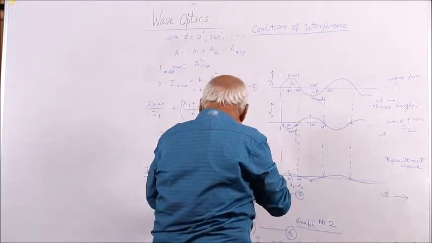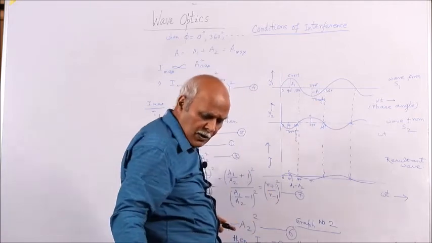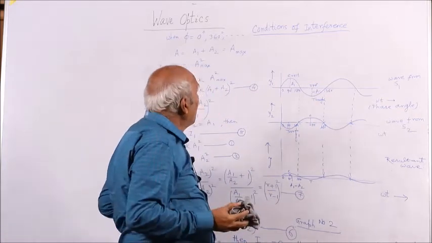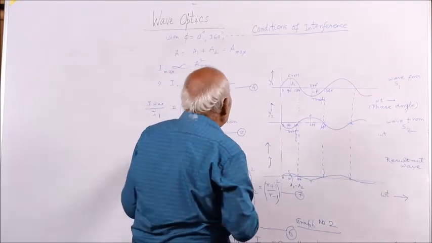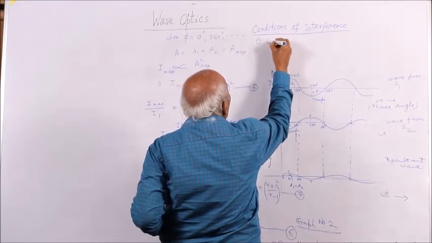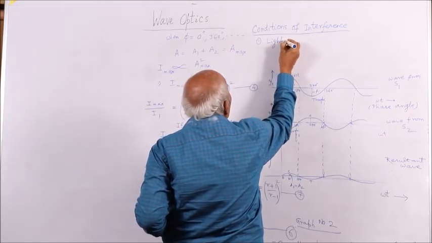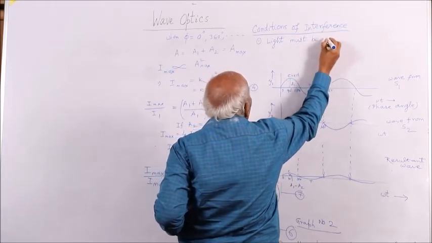Mainly there are three conditions to be satisfied to get interference. The first condition is that the light must be monochromatic.